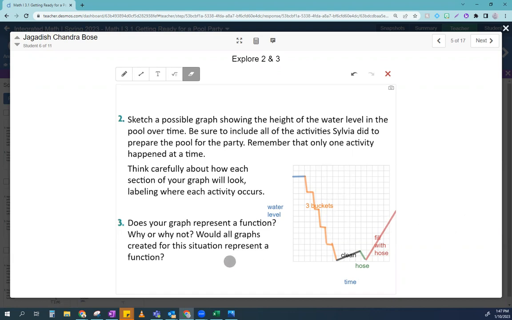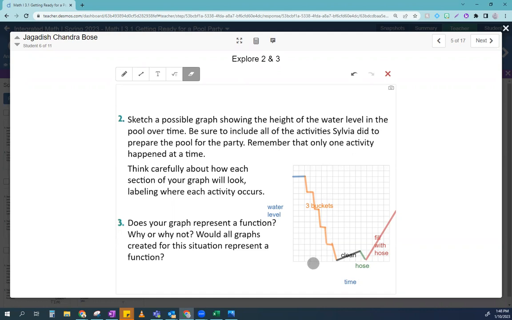Very good. So, okay, let's finish up here. Everybody, if you drew it out and it looks way different than what we drew here together, it should still be a function because at any one given point, you only have so many gallons of water in your pool, right?